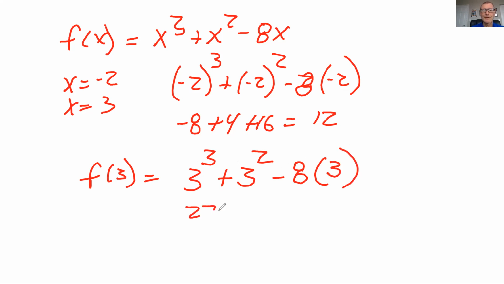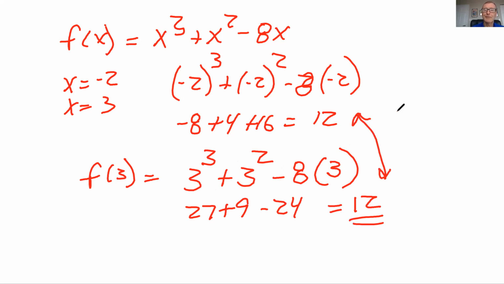And that's 27 plus 9 minus 24. And that also equals y equals 12. So this means you have no idea, i.e. it could be zeros between there or it could not. And because there's no sign change, you can't make any conclusion.